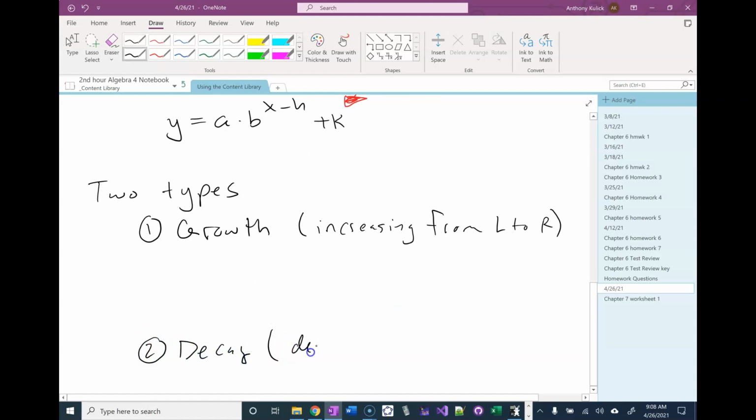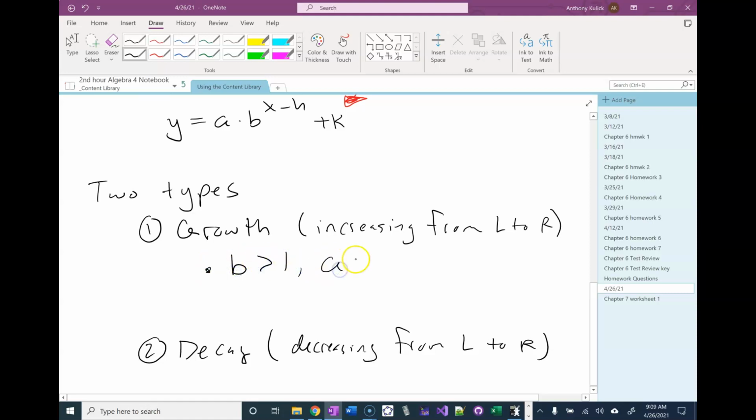That's where it's decreasing from left to right. So we can identify an exponential growth or exponential decay function without really even having to look at the graph. We should be able to do that from the equation.